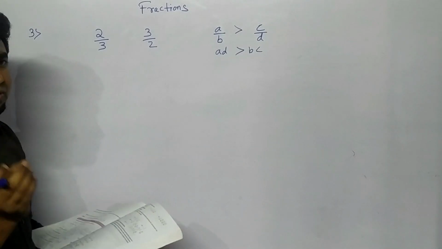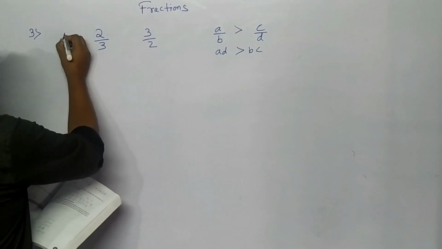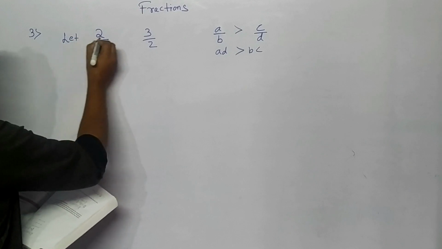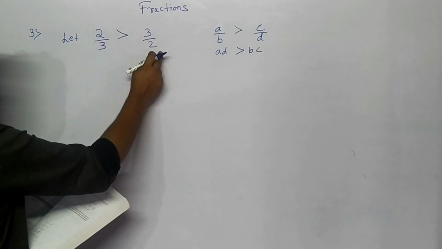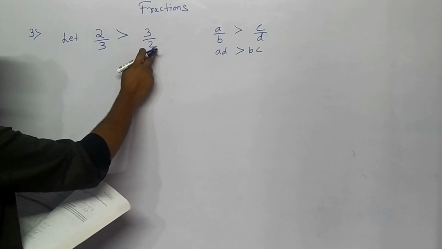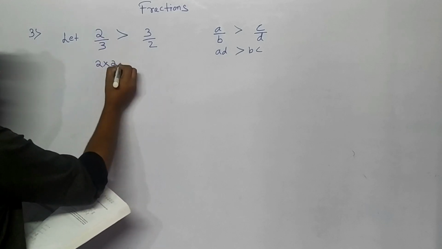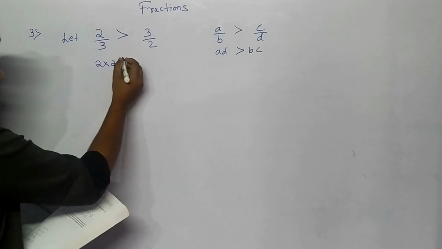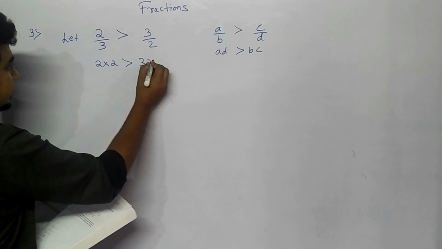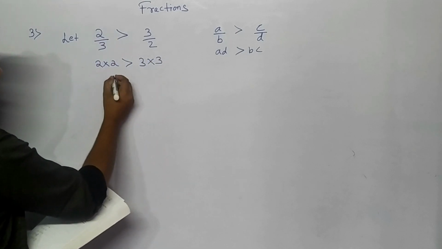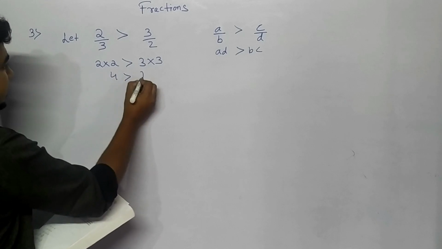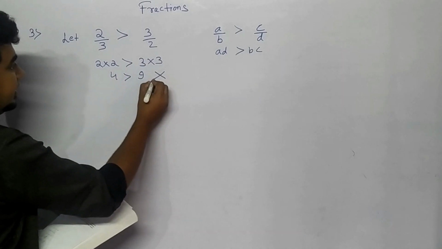Here also I am assuming, for solving this, 2 by 3 is greater than 3 by 2. Just cross multiply: 2 into 2, and then 3 into 3. 2 into 2 is 4. 4 is greater than 9, which is incorrect.